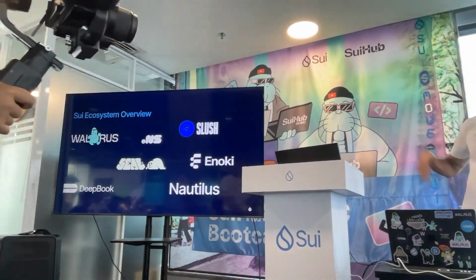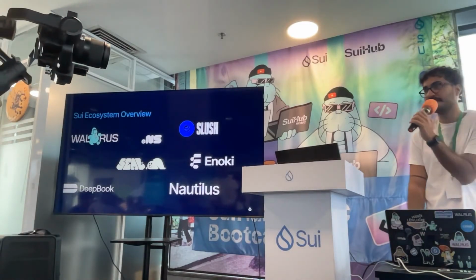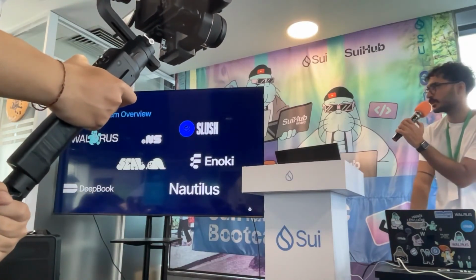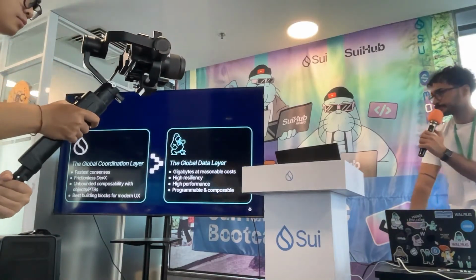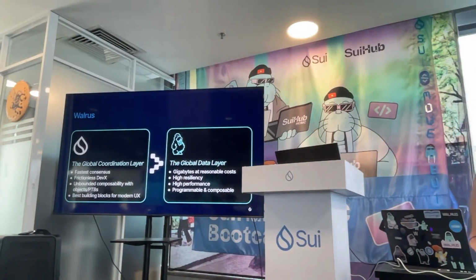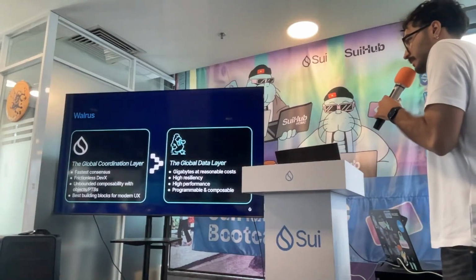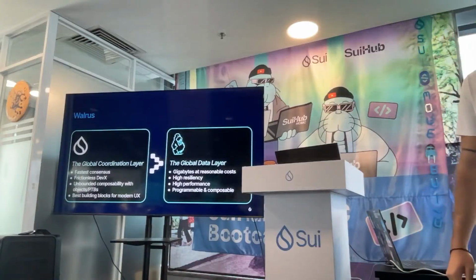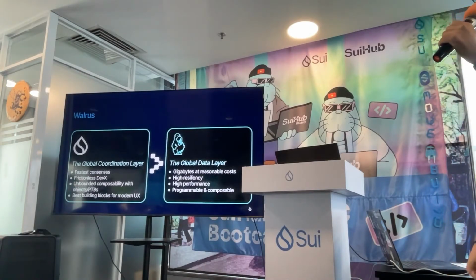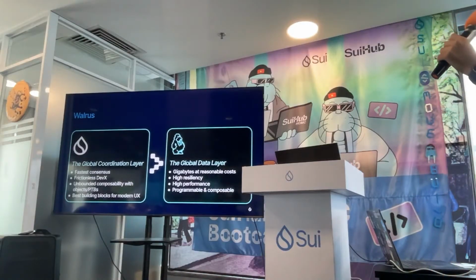Okay, so we'll get through this quick. As I understand, most of you are already familiar with all these entities due to the workshops, but we'll just introduce each one of these. So, Walrus. A decentralized storage network, not a blockchain, but a storage network for any multimedia that you would be able to store.